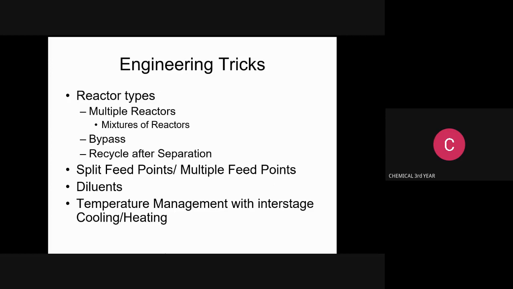Is there a single feed point or multiple feed points? The third one is diluents. What type of feed nature is playing the major role? As I told, diluents also become a category. The last one is temperature management, with heating or cooling to convert the non-reactable feed into reactable feed.